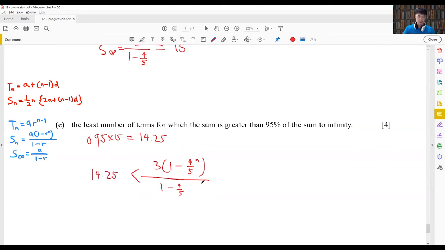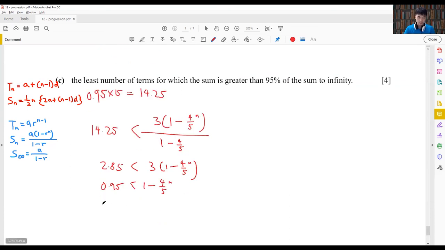Now all we have to do is solve for n here. 14.25 times 0.2 at the bottom here. 14.25 times 0.2, 2.85 is less than 3 bracket 1 minus 4 over 5 to the power of n. Okay, then 2.85 divided by 3, 0.95 is less than 1 minus 4 over 5 to the power of n.